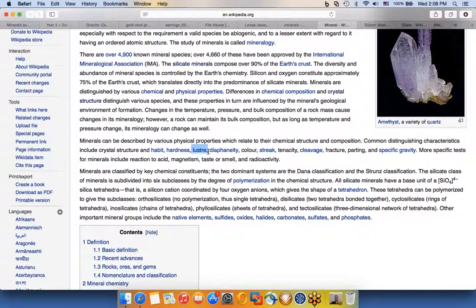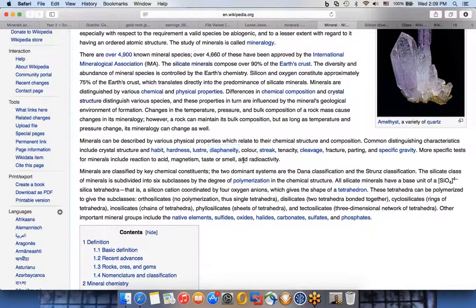Luster is whether it reflects light or not. Some minerals are more shiny, they have a higher luster, and others are opaque and don't reflect light, so they have a low luster. Diaphaneity, if I pronounce that word correctly, refers to how transparent they are, whether they are transparent or not.